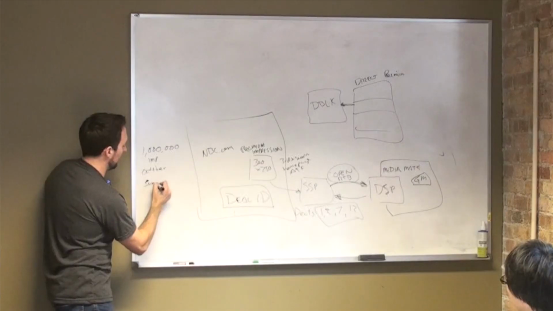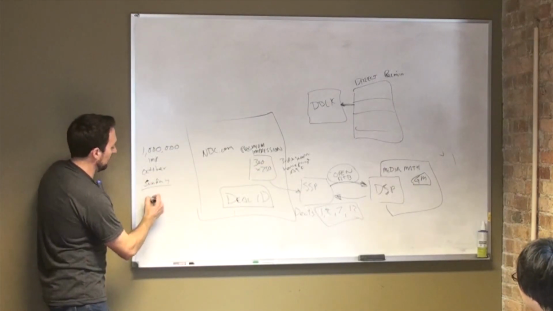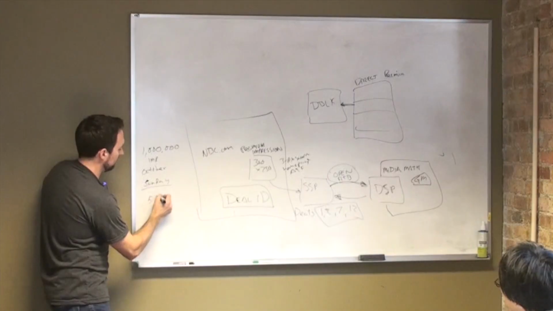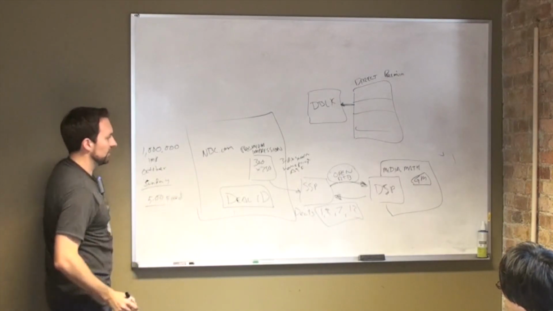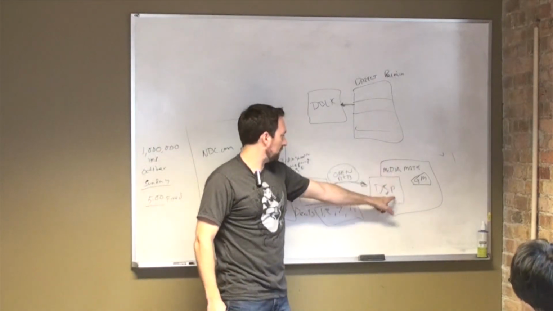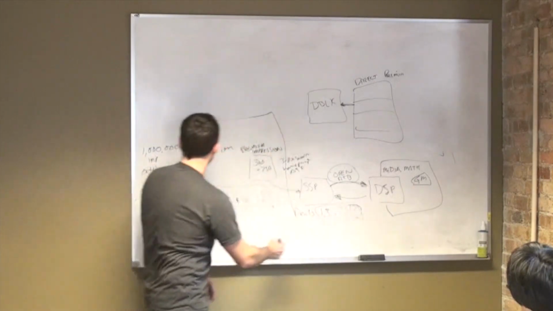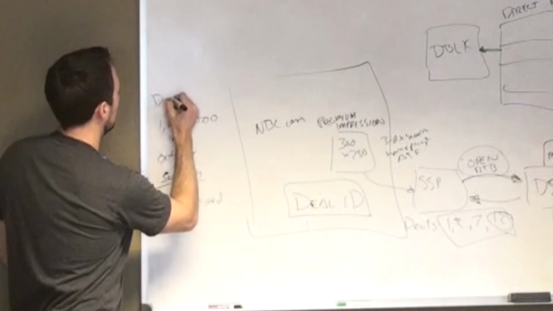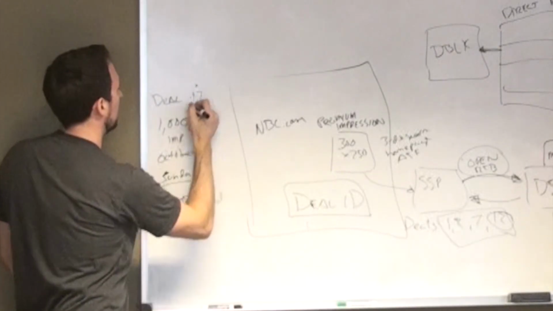So all day Sunday, and it's a $5 deal, fixed. So there's no auction run. GM's MediaMath buys the impression for GM. Maybe it's deal number 12. This is deal number 12.